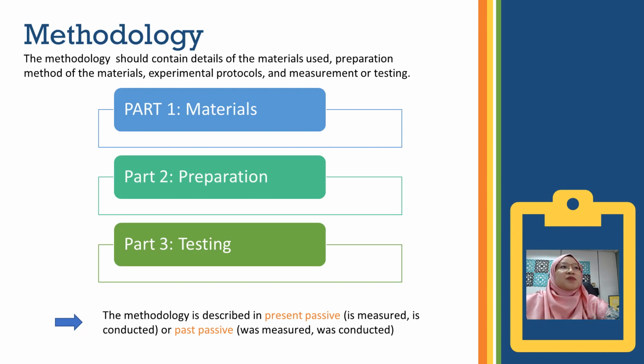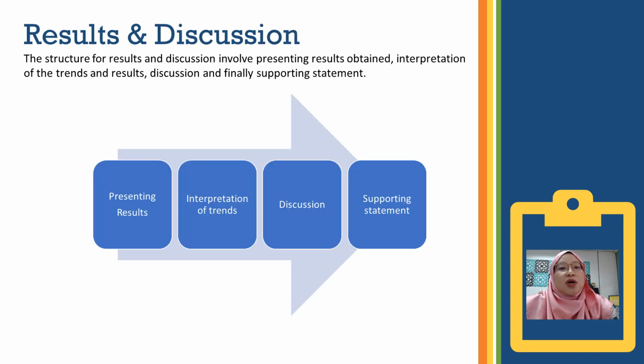Okay, for results and discussion, what can you cover? The first one, you need to present your result. Like I said before, in presenting your result, you can use tables, calculations, or figures. So just put any graph that you have. First thing, present your result first.